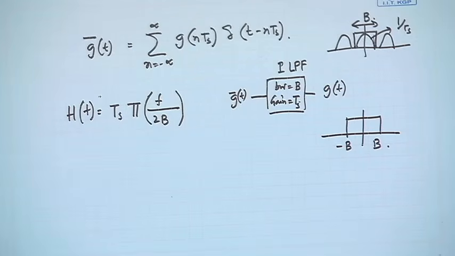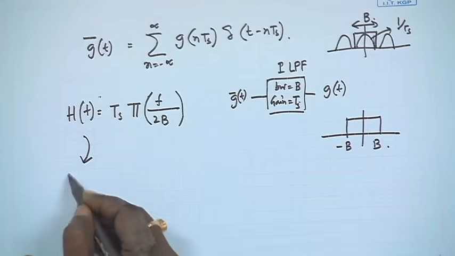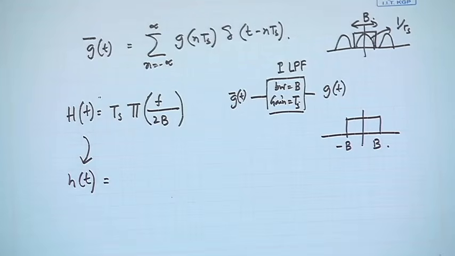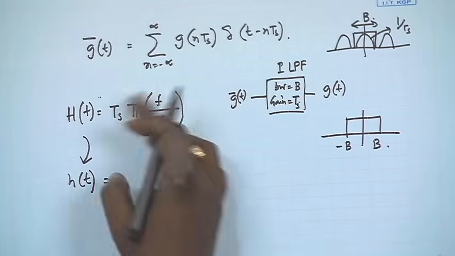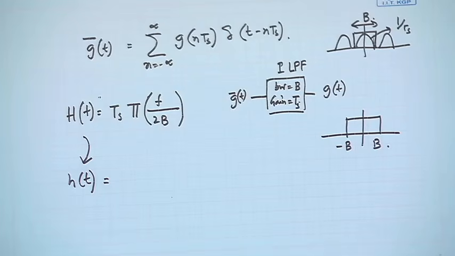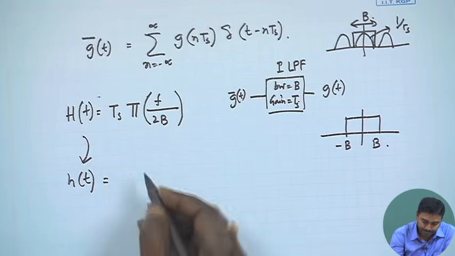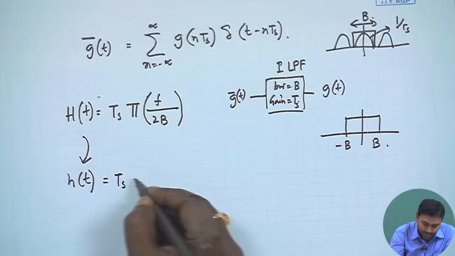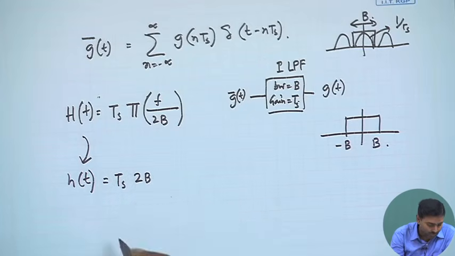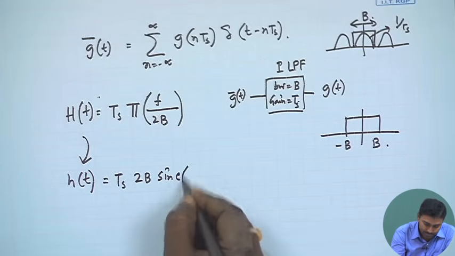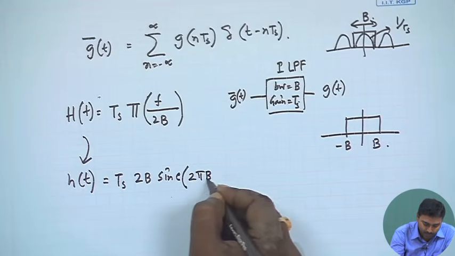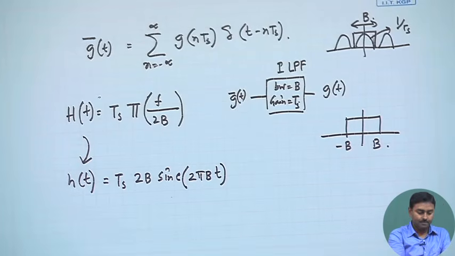What is the corresponding h(t), which is the impulse response of this filter? We know that for a box function the inverse Fourier transform is a sinc function. So, Ts remains over here, and we get 2B because it is a 2B box function: h(t) = 2B Ts sinc(2 pi B t).